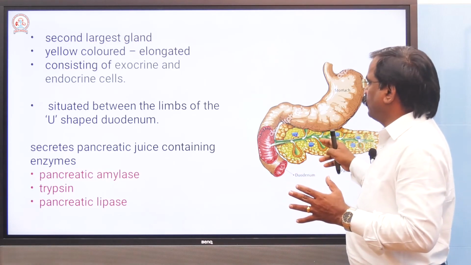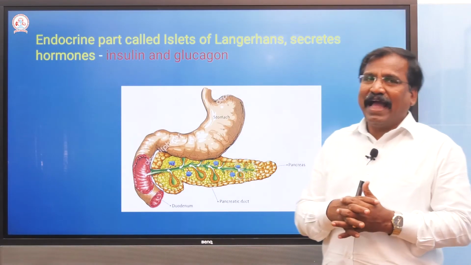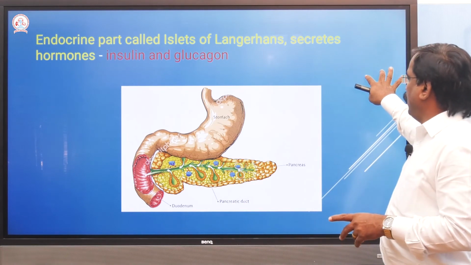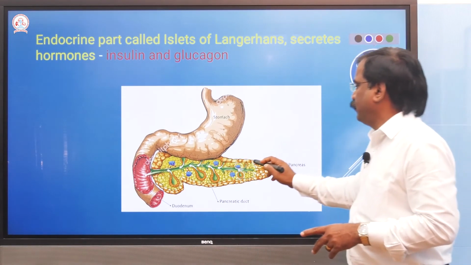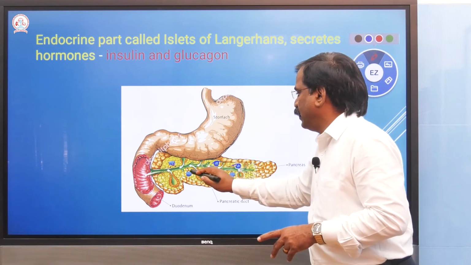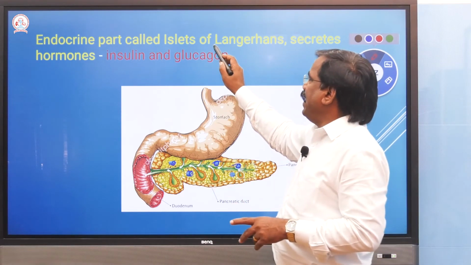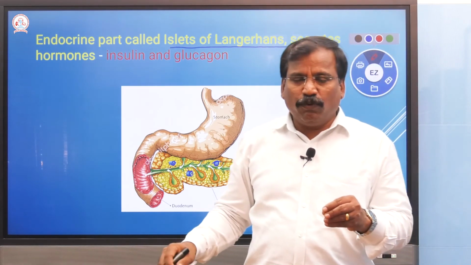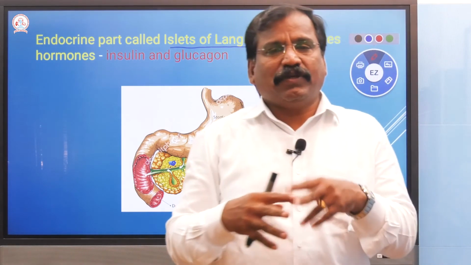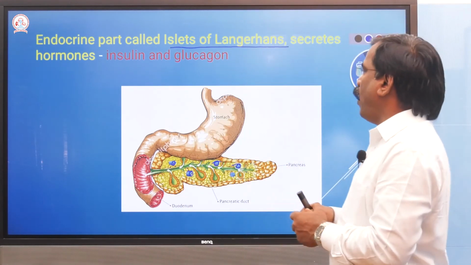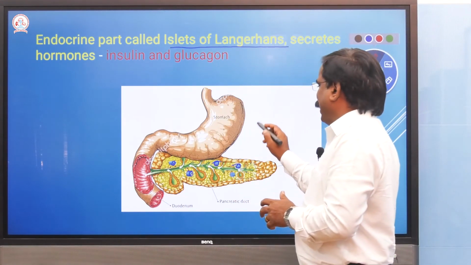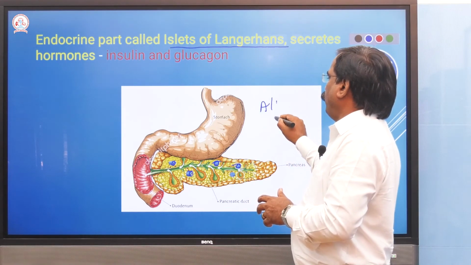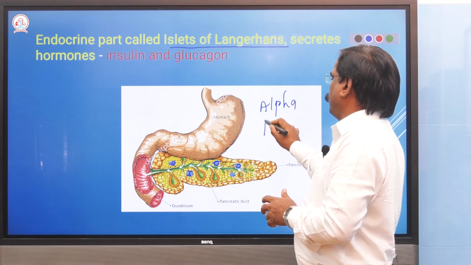The endocrine cells that are found are called islets of Langerhans, the patches of endocrine cells, bluish. They consist of two types of cells, alpha cells and beta cells.